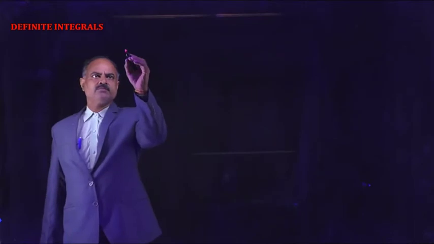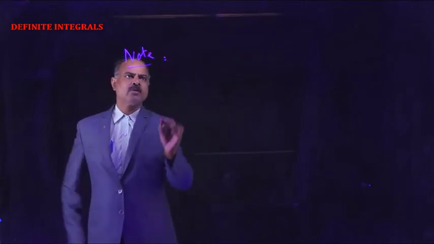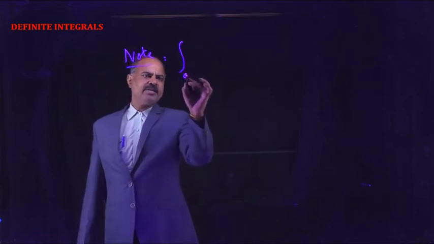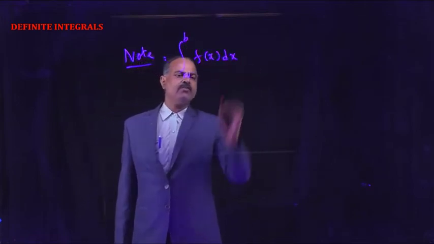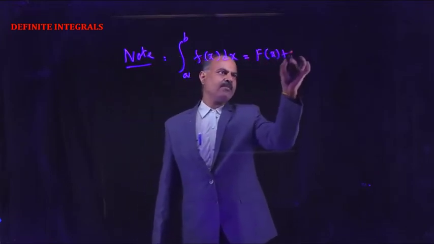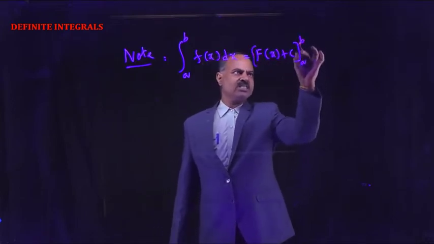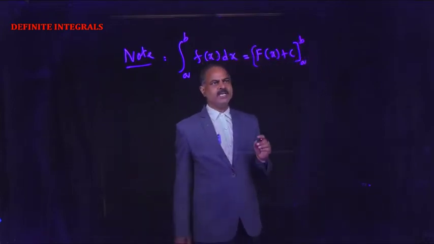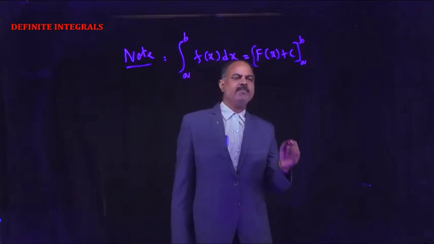Next, note: integral a to b f of x dx equals capital F of x plus c, with limits a to b. First substitute the upper limit in place of x, minus the substitution of the lower limit in place of x.